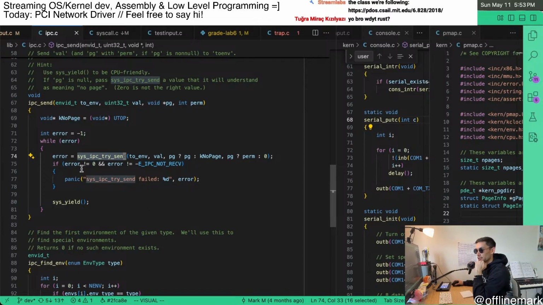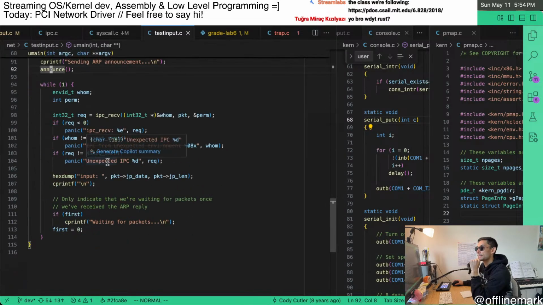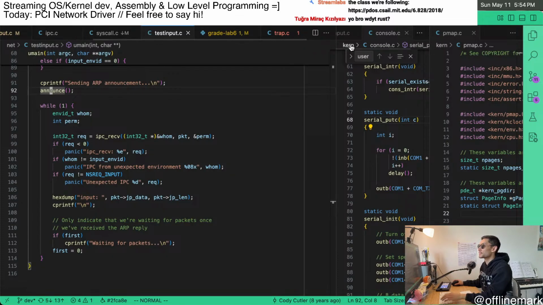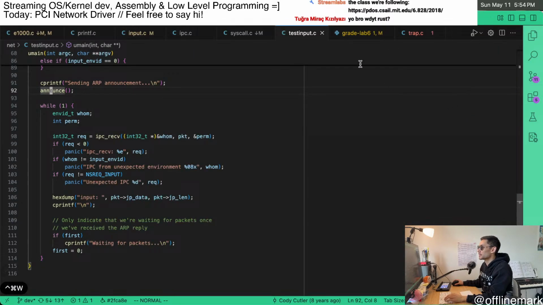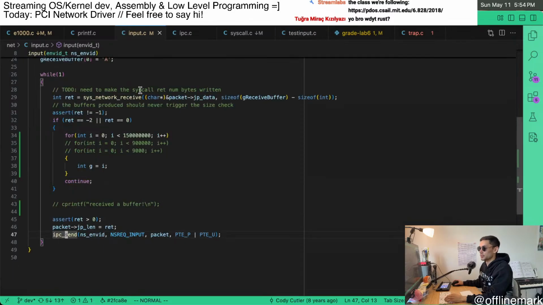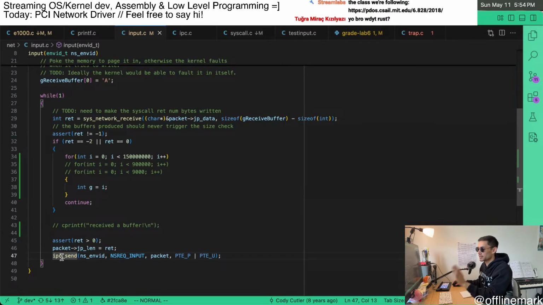And we just do a basic error check, and then we just yield. We yield and loop, and we keep retrying the send until it succeeds, actually. So input is what we wanted. So that's what happens here. So the short answer, this does not block.